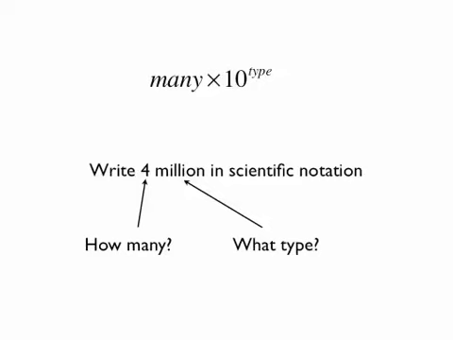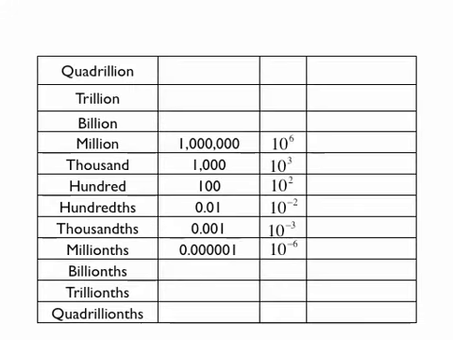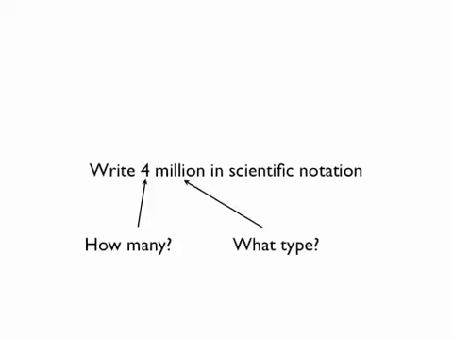And then the what type, that's million. So I'm going to look back at my table. Million, if you can see, is raised to the 6th power. So the many is 4, and the type is a 6. We got that from the table, and we'll be constructing that table tomorrow. So it's 4 times 10 to the 6th.